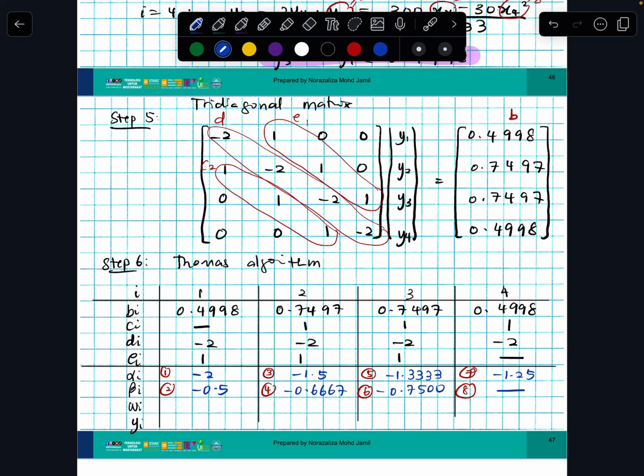Okay, then you have to find the value of W. This is the next block, 10, 11, 12.